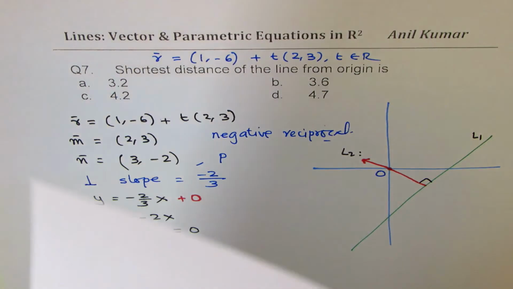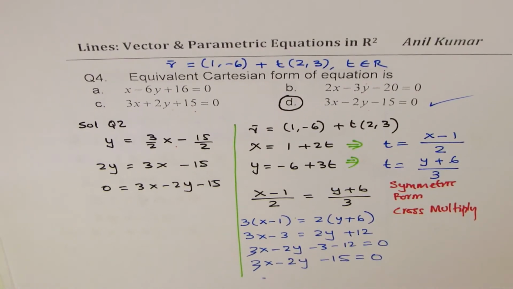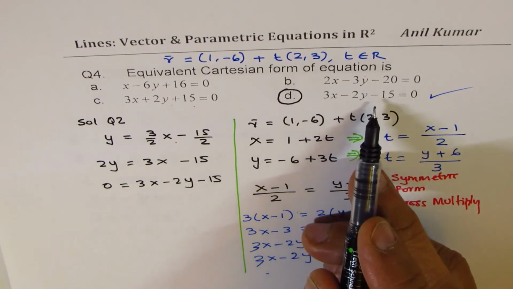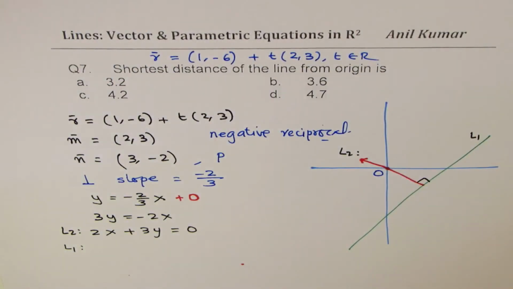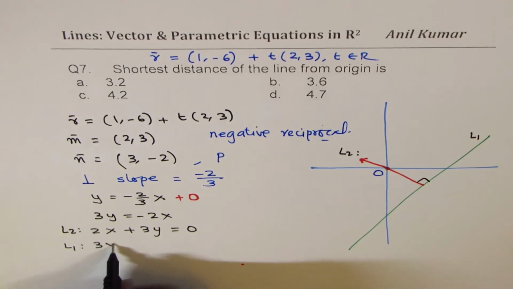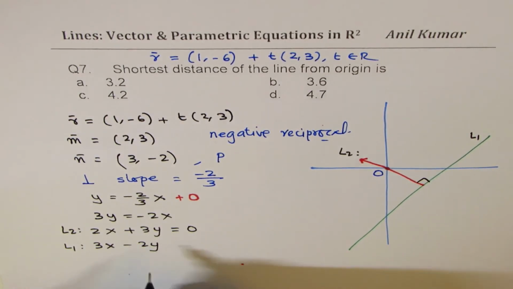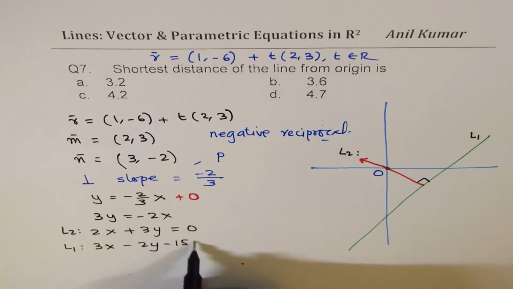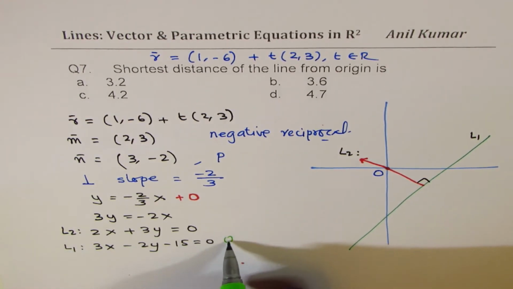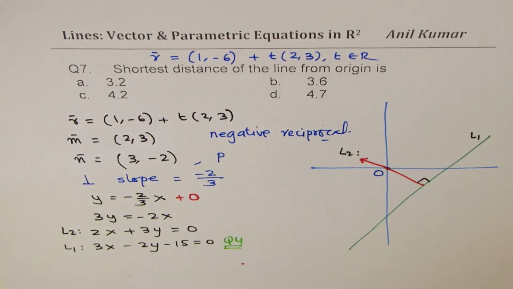I'm copying this Cartesian form from our solution in question number 4, which is 3x minus 2y minus 15 equals 0. So the equation of the line which we got in question number 4 is 3x minus 2y minus 15 equals 0, right? You could refer to question 4 for the solution for this equation.